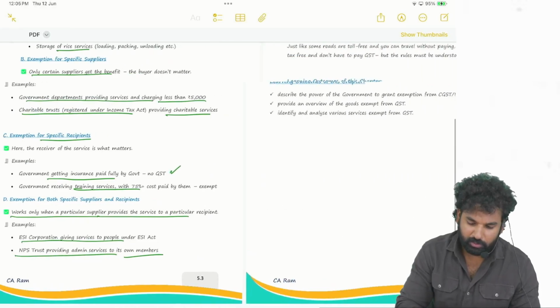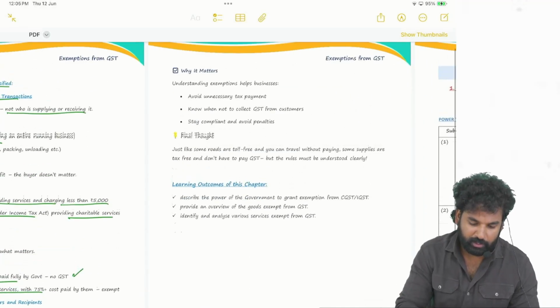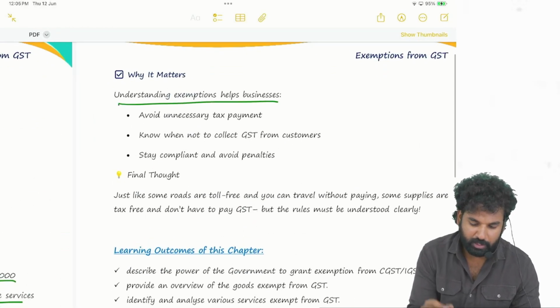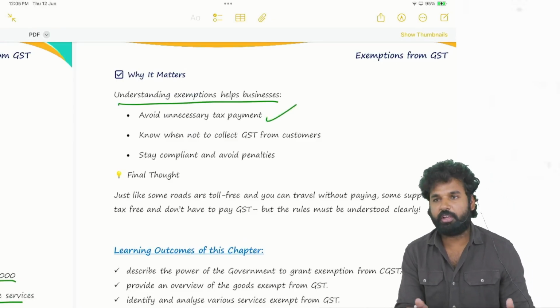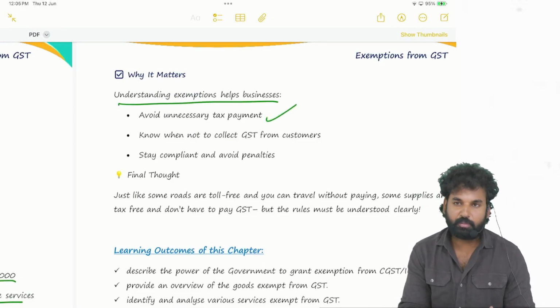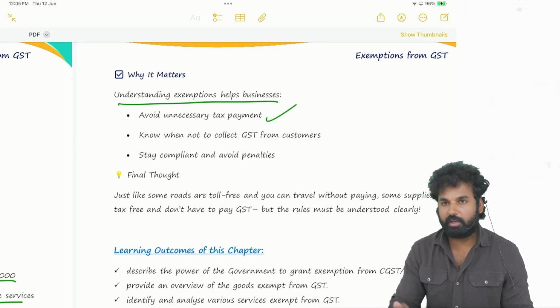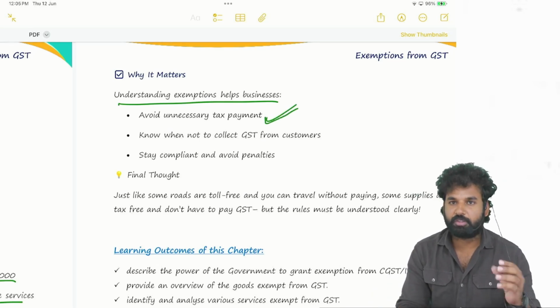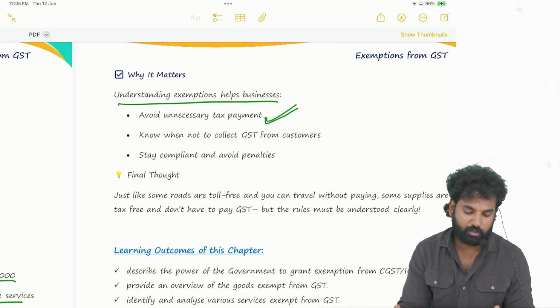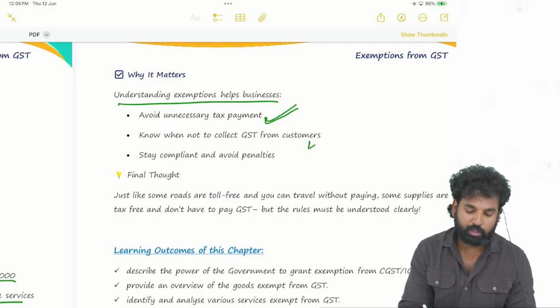So these are the types of exemptions, and understanding exemptions helps businesses avoid unnecessary tax payment. If it is exempted, he need not pay tax. Sometimes there may be confusion whether it is exempted or taxable. In those cases, if you understand exemptions properly, that will save your taxes. Know when not to collect GST from the customer.